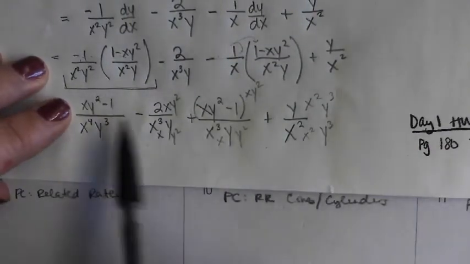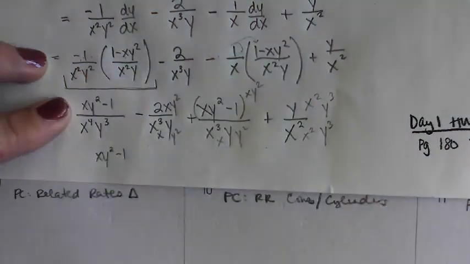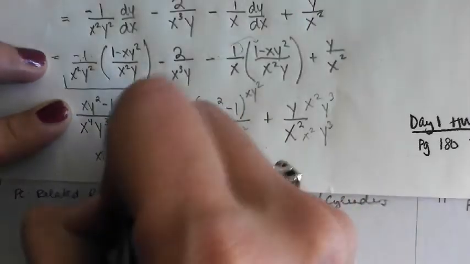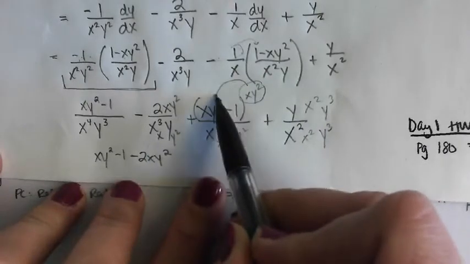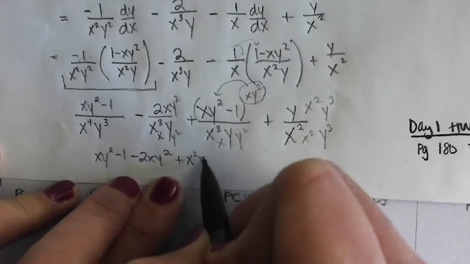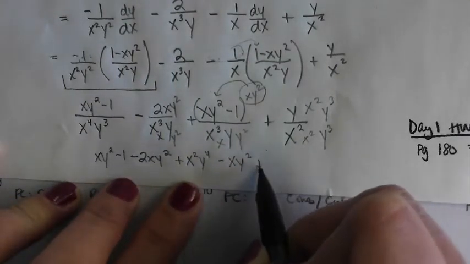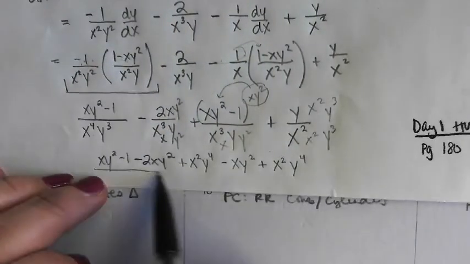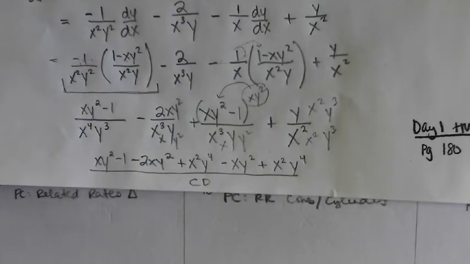I could focus on the numerator. So this one doesn't change. Xy squared minus 1. This one is now just minus 2xy squared. This one I have to distribute my xy squared, so that's going to be plus x squared y to the 4th minus xy squared plus x squared y to the 4th, all over common denominator, which I'll rewrite in my final answer.